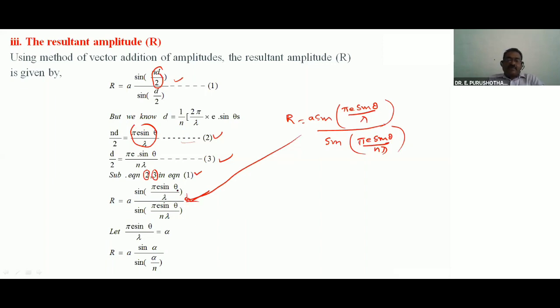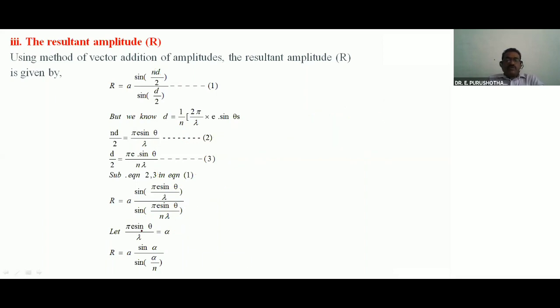Let pi e sine theta by lambda be equal to alpha. You remember this value. So I take sine alpha in the numerator, and in the denominator the remaining n is here, so alpha by n.